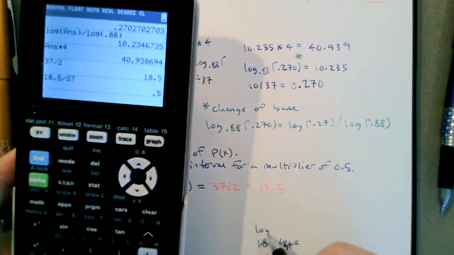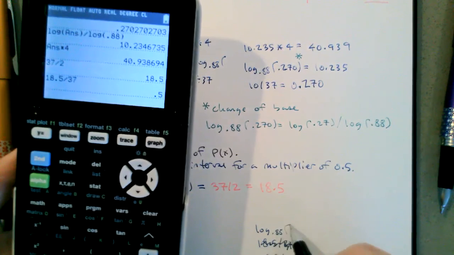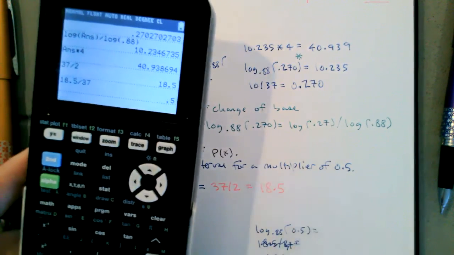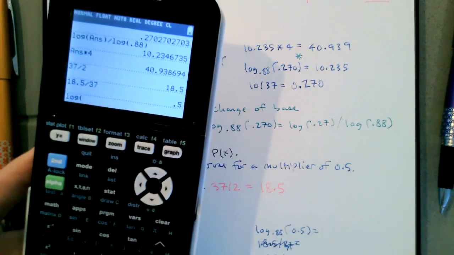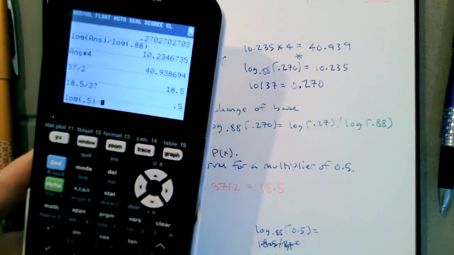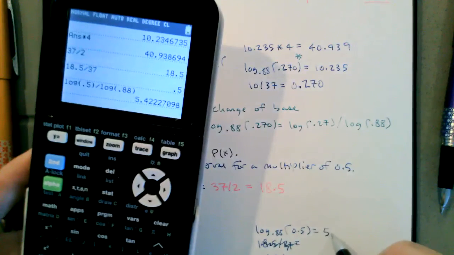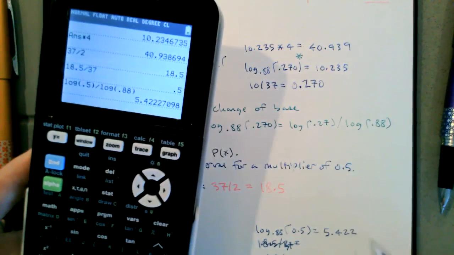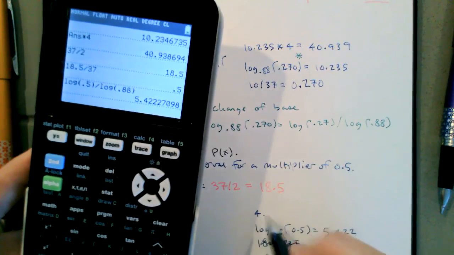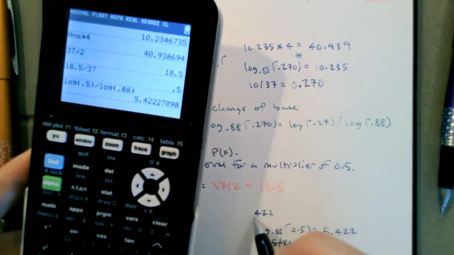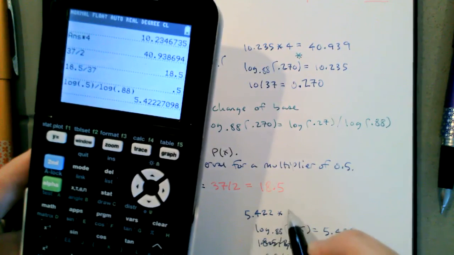Then we do the log base 0.88 of 0.5, using the change of base formula: the log of 0.5 divided by the log of 0.88. And then finally take the 5.422 and multiply by 4.